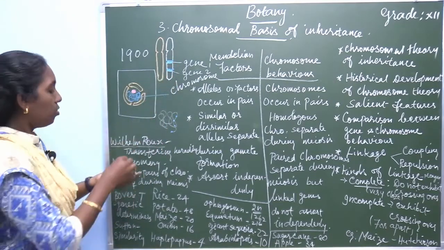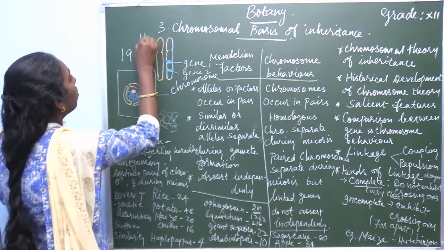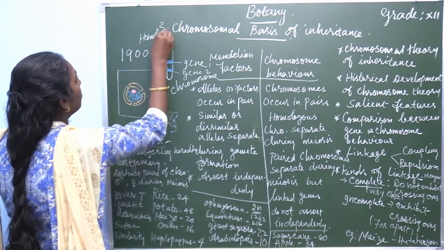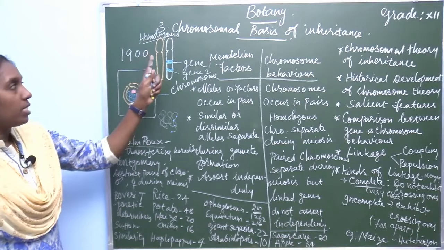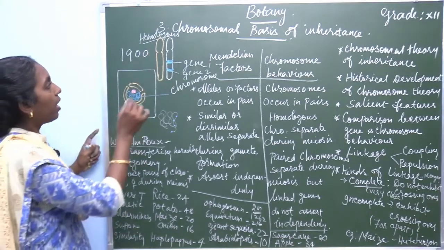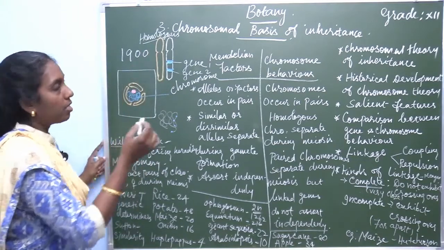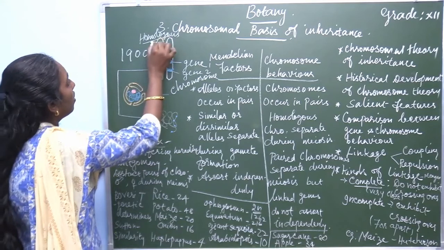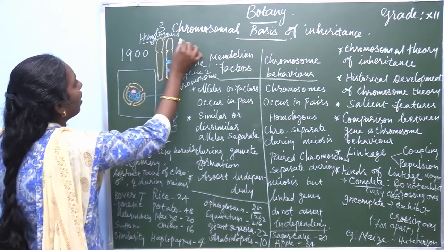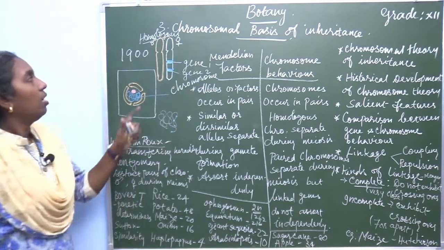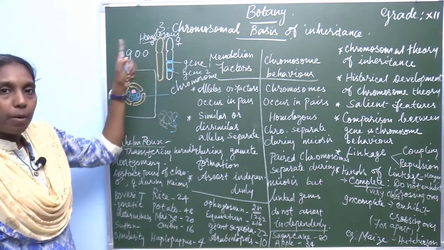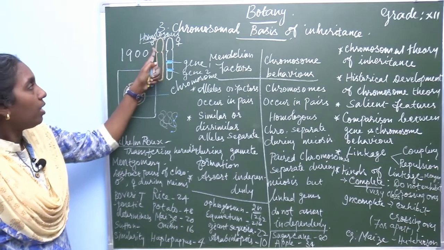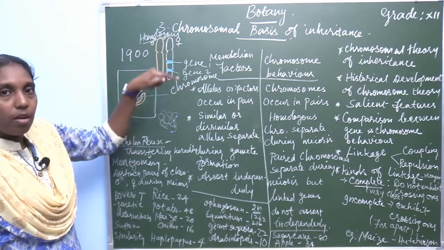These chromosomes are named homologous chromosomes. Why is it homologous? These chromosomes are derived from the parents, one from male and another from female.